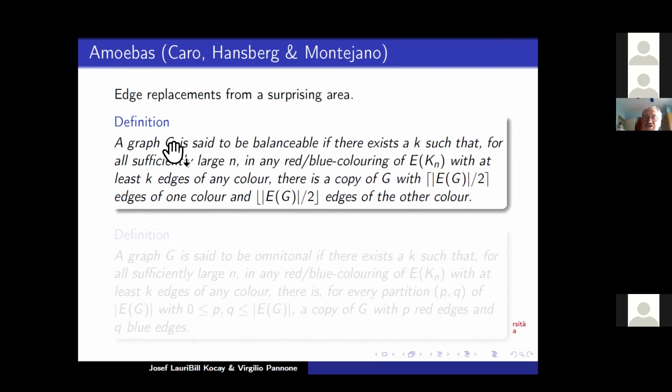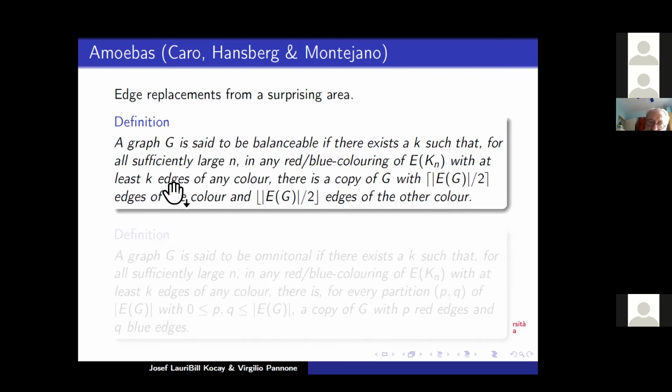So a graph G, this is the definition here, but I'll explain it in words. Graph G is said to be balanceable if we take a sufficiently large N, and if we make sure that there are at least K edges of any color.